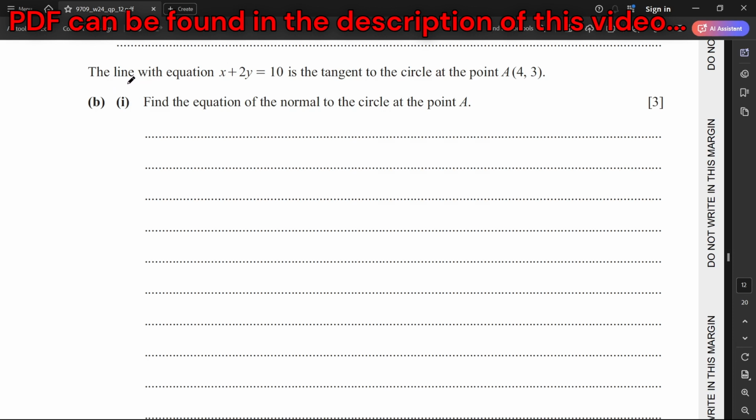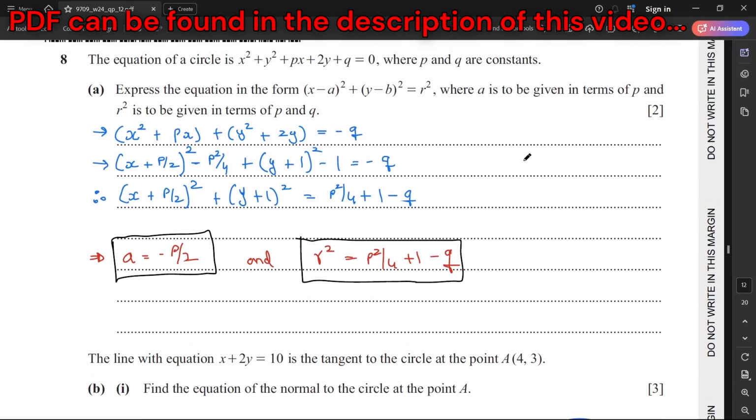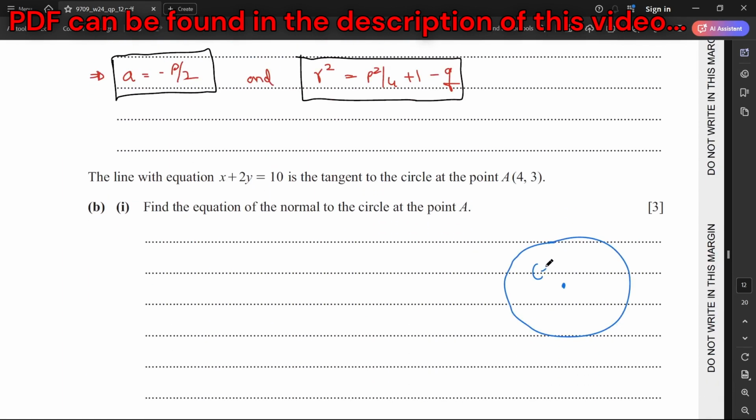Now it is given that the line with the equation is tangent to the circle at point A. So it's the same circle we are talking about. So let me just draw a quick circle over here, and then the center point is what? Minus p by 2 and minus 1. So minus p by 2 comma minus 1 is the center.